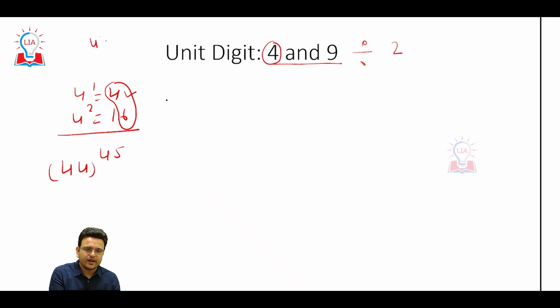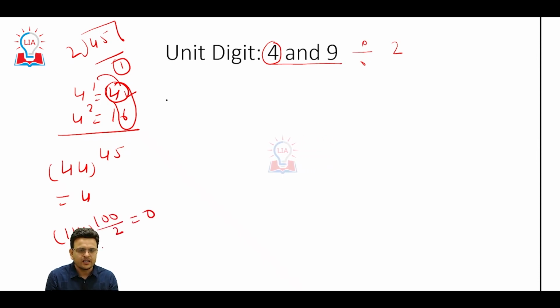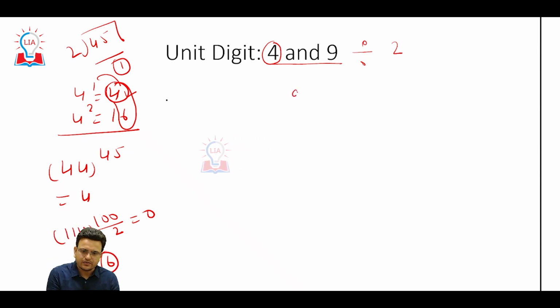So 45 we should just divide by 2, remainder will be 1. When remainder is 1, unit digit will be 4. Consider 114 to the power 100. When 100 is divided by 2, remainder is 0. When remainder is 0, unit digit will be 6.